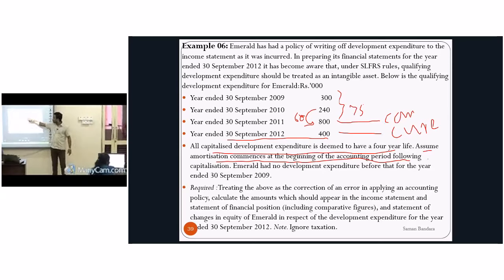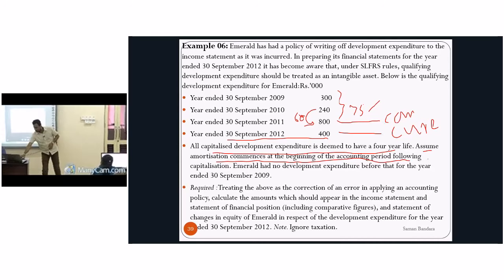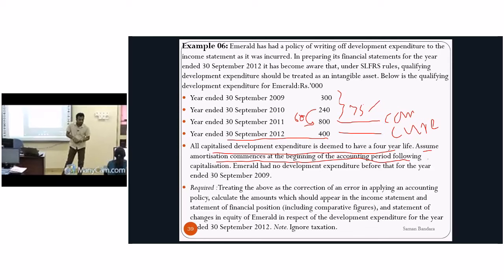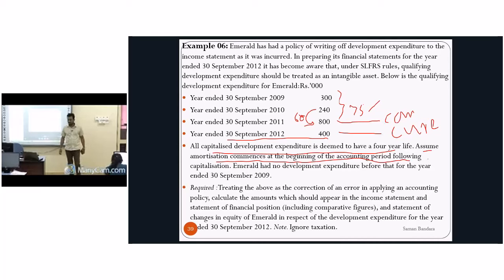Why? Here, profit as a result of these two, is it overestimated or underestimated? Underestimated by 540 as a result of non-amortization. They are not amortized. What is the amortization expense? 75. The net of that will be how much? 465. My profit has been undercasted by 465. Is it clear?